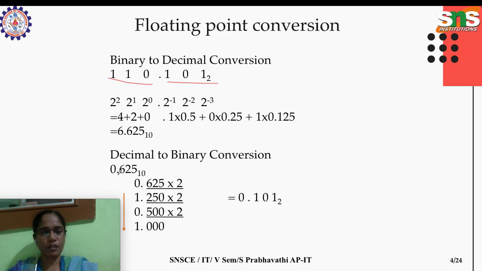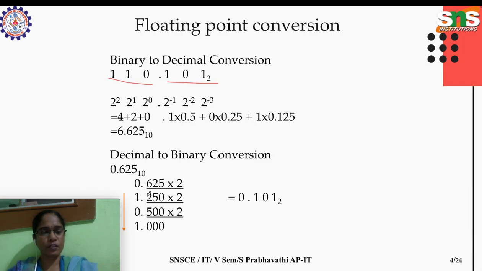For the whole number we need to go for the division method, and for the fractional part, take the number to the right of the point and multiply by 2 and get the quotient over here. So when we multiply 0.625 into 2 we will get 1.250.